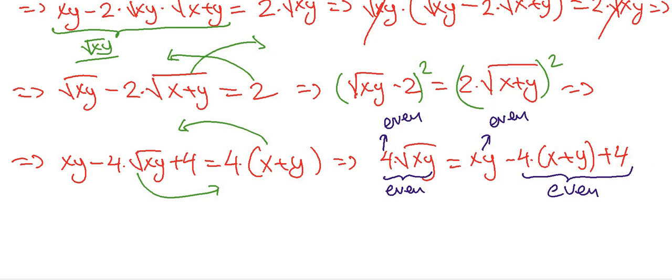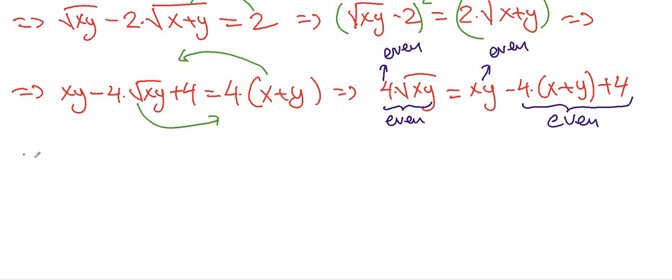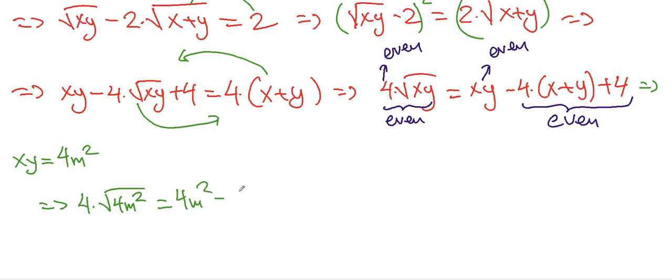So knowing this, to eliminate this square root, let me set xy equal to 4m squared. Then substituting 4m squared for xy, I will get 4 times square root of 4m squared is equal to 4m squared minus 4 times x plus y plus 4.